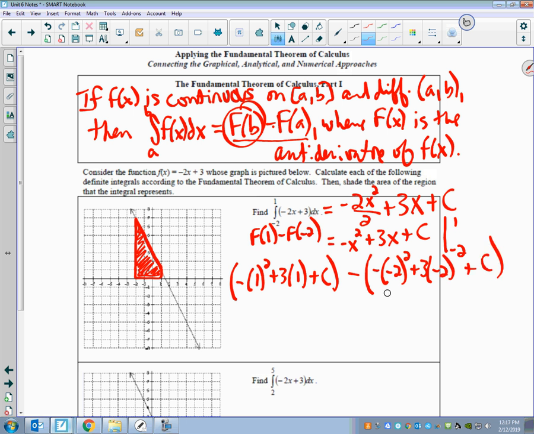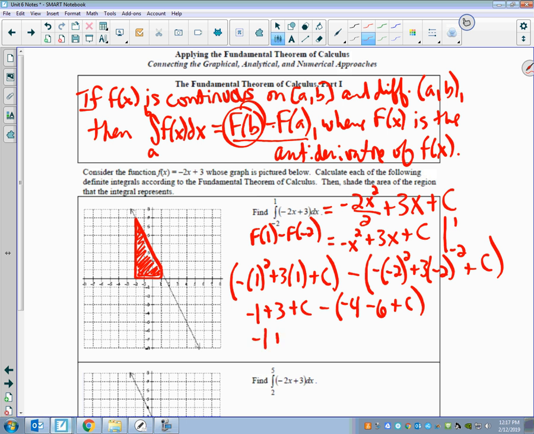Be really careful with your negatives here. You have to do the exponent before you do the negative. That's why I did parentheses here. So this would actually be negative 1 plus 3 plus c minus, and I'm going to keep parentheses here for a minute because this would be 4, but then that would be negative 4 minus 6 plus c.